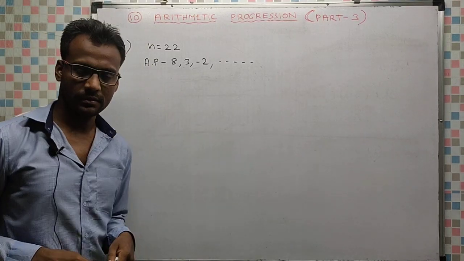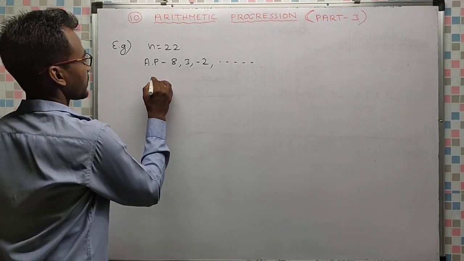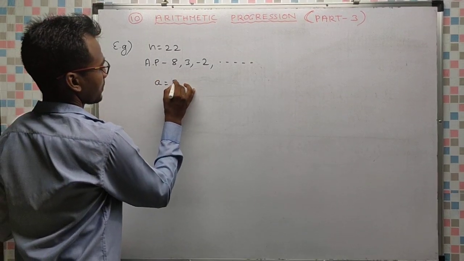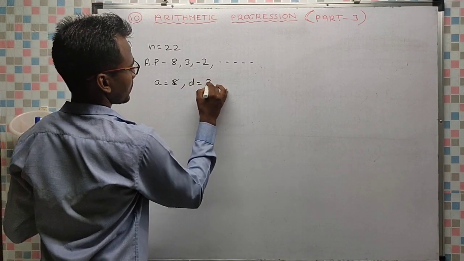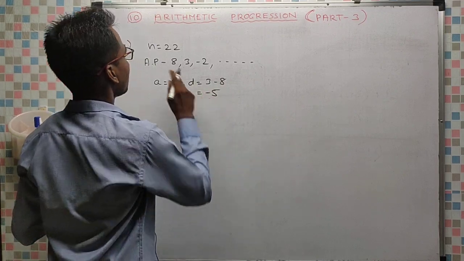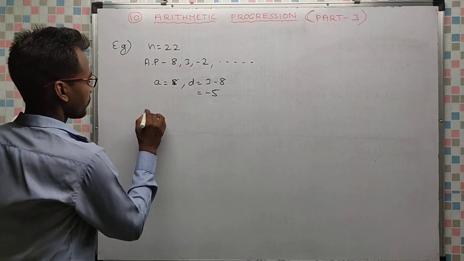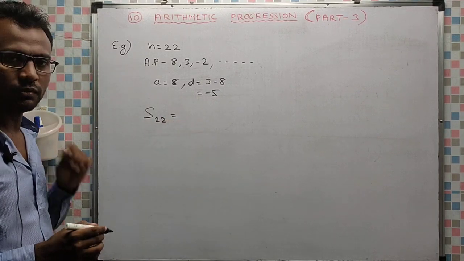An AP is given, and we have been asked to find the sum of the first 22 terms. First find a. What is a? 8. What is d? 3 minus 8, right minus left, which is minus 5. We have been asked to find S22.